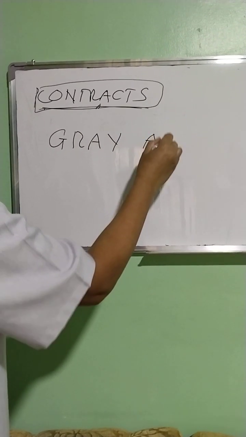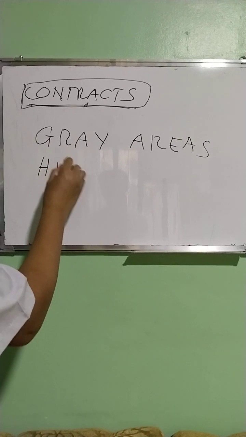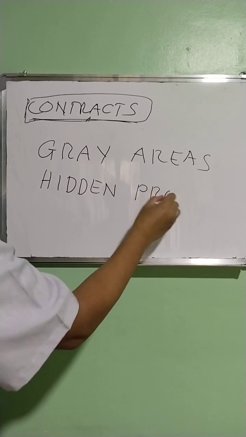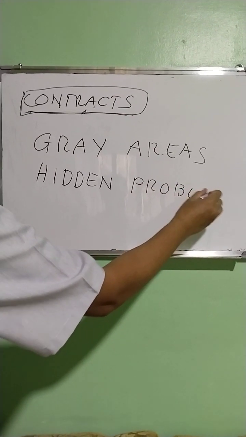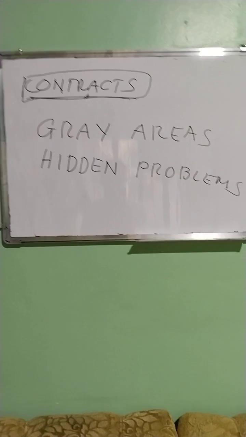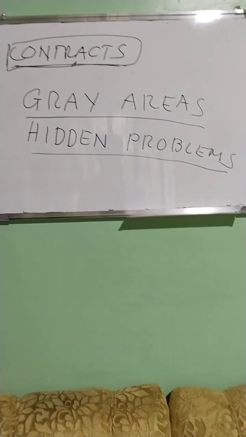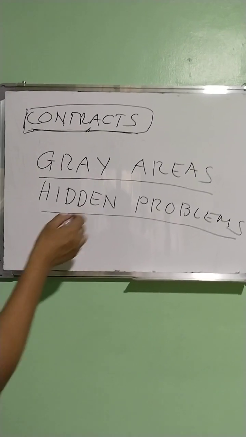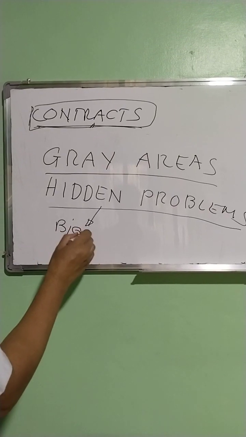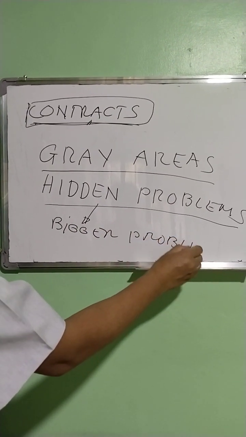There may be hidden problems there. So you have to be very, very careful, because once you neglect or ignore these gray areas or hidden problems that may be contained in that document, this may cause bigger problems. This might cost you a lot of money.